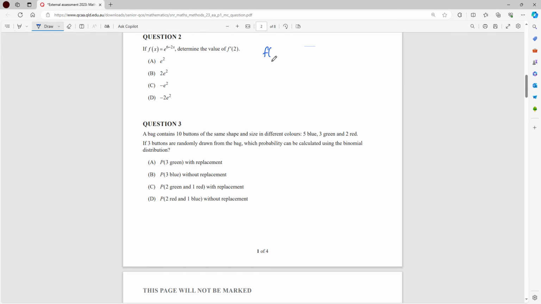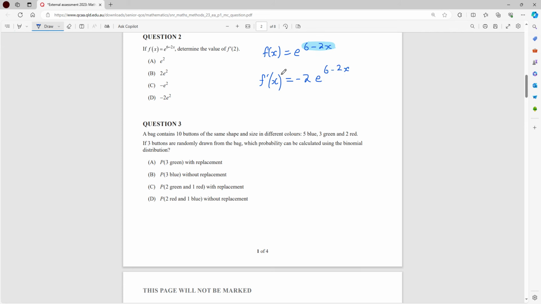So f of x is e to the 6 minus 2x. So f dash of x would be: differentiate the inside first. The derivative of this function here would just be minus 2. So you have minus 2 and then multiply it by this, and it will just be this because the derivative of e to the x is still itself. So it's just e to the 6 minus 2x.